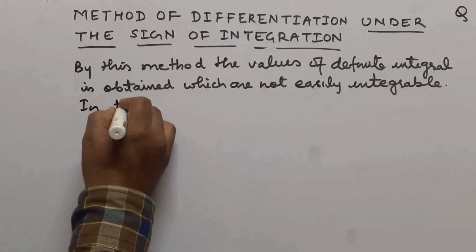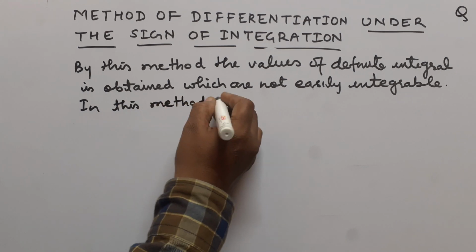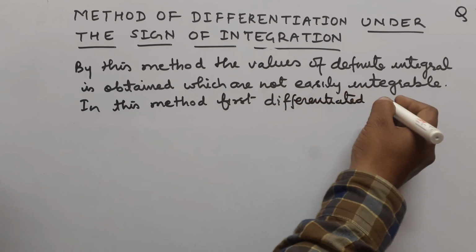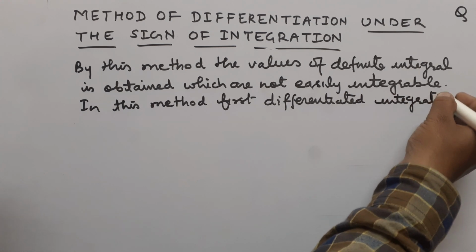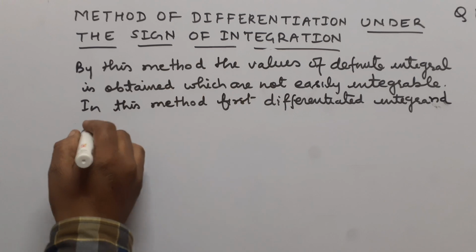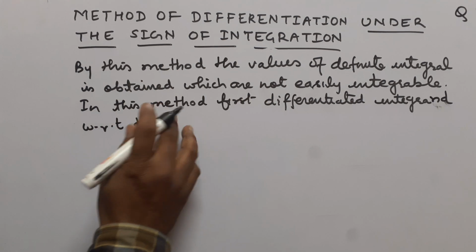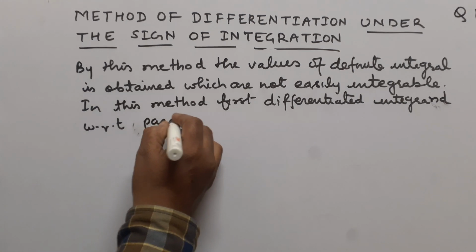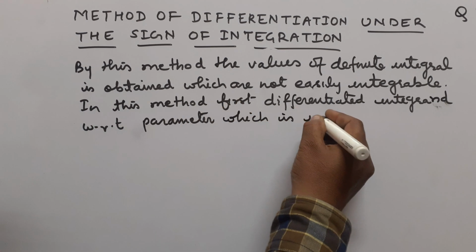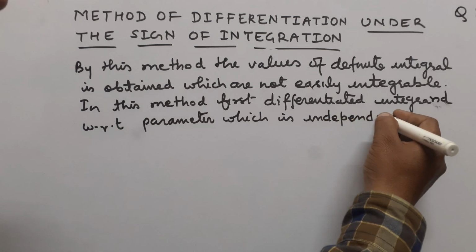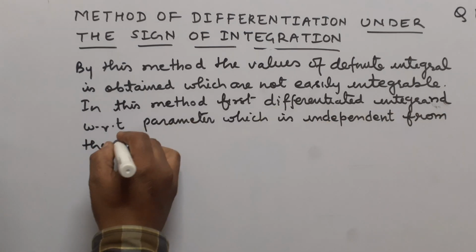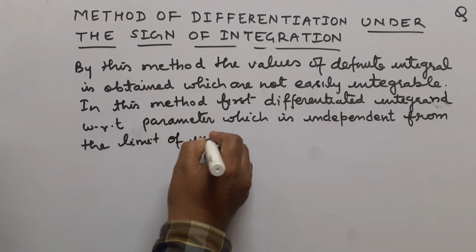In this method, we first differentiate the integrand with respect to the parameter which is independent of the limit of integration.